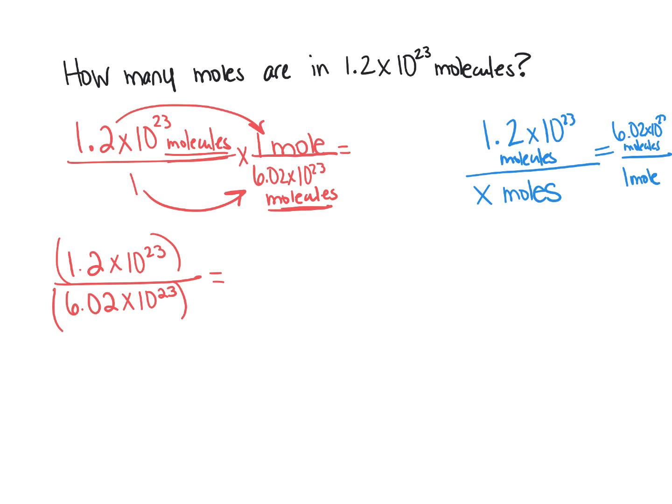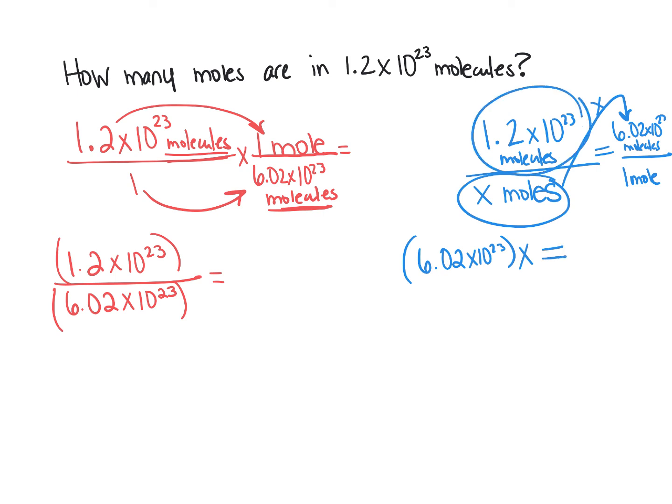So again, with this method, I'm going to cross multiply. So I'm going to do X times 6.02 times 10 to the 23rd. So I've got 6.02 times 10 to the 23rd X, and I'm going to set that equal to 1.2 times 10 to the 23rd times 1, which is 1.2 times 10 to the 23rd.